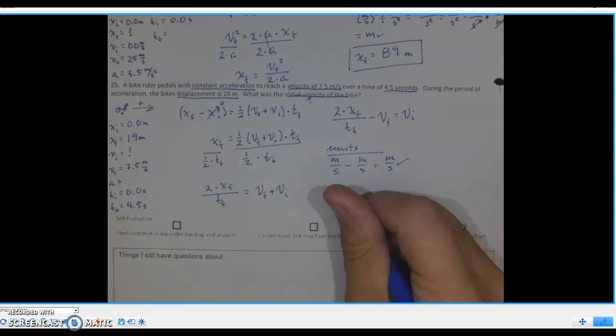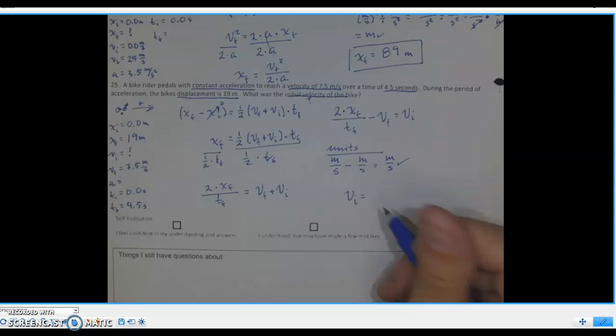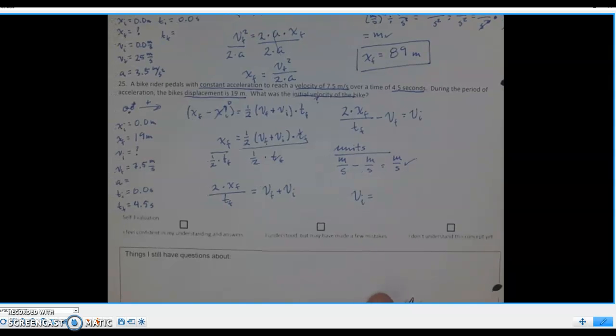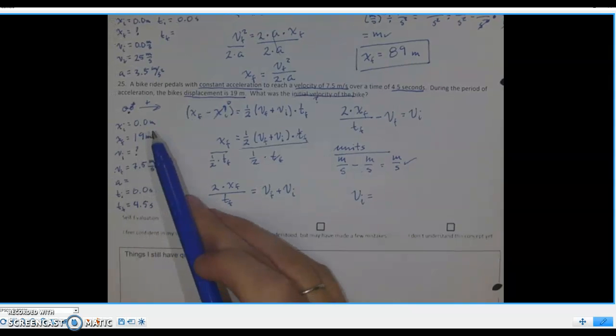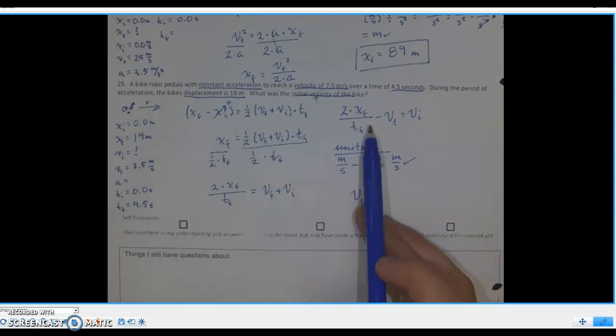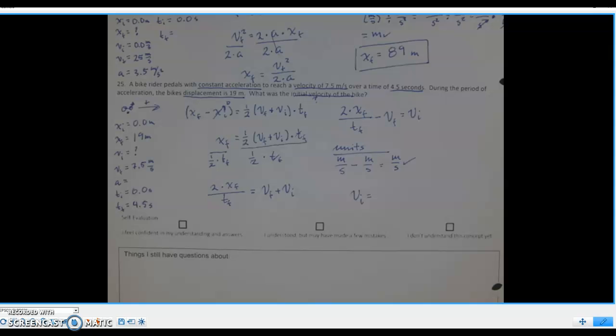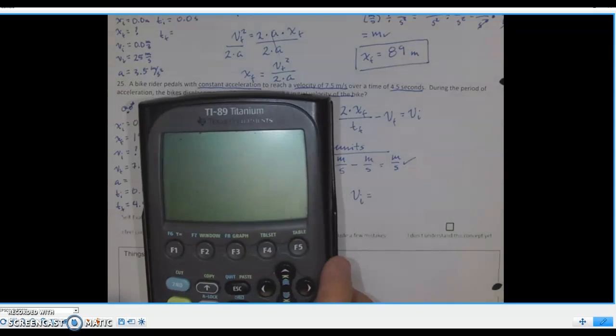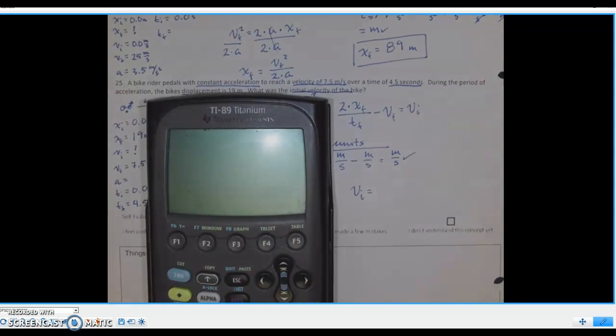So my final step here is a numerical analysis. I've already declared what each of those items represent numerically, so I don't need to rewrite it if I don't want to. I can just plug it into my calculator. 2 multiplied by x final, which was 19 meters, divided by time final, which was 4.5 seconds.